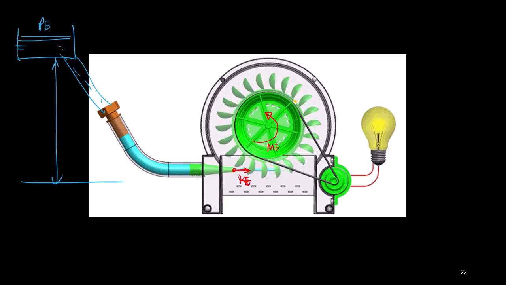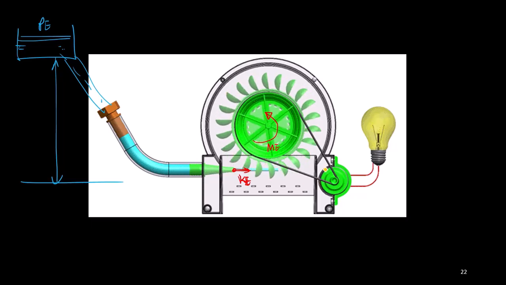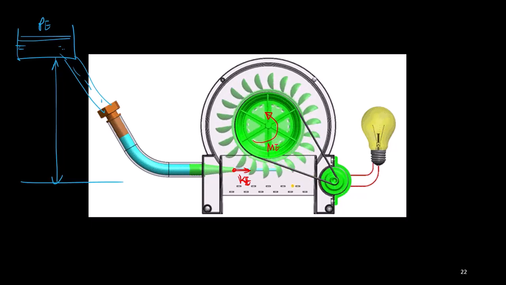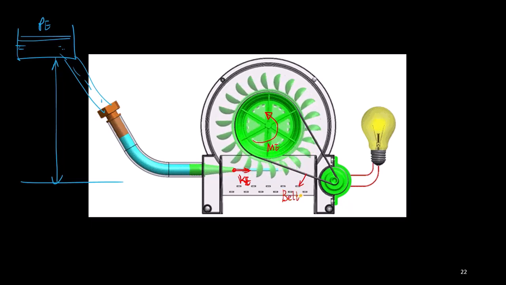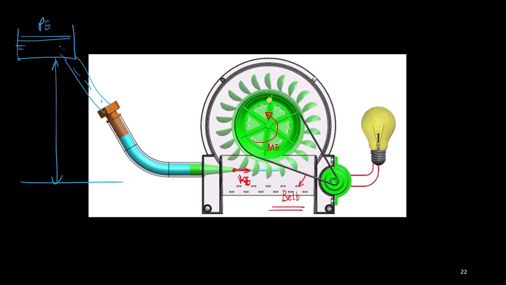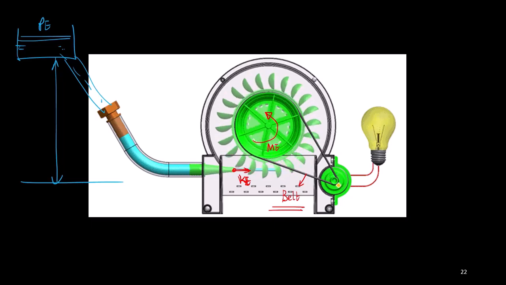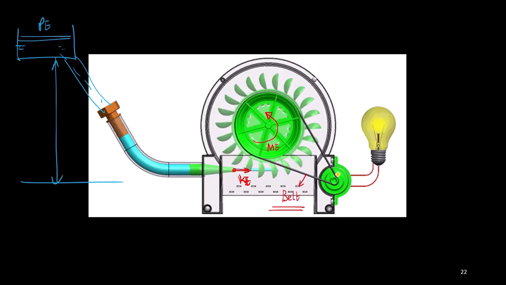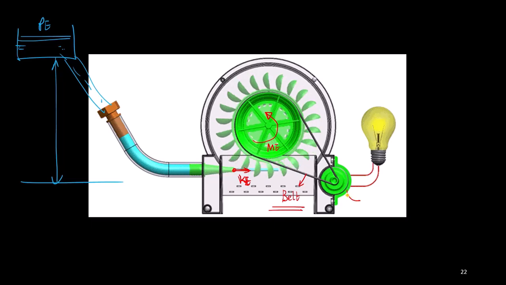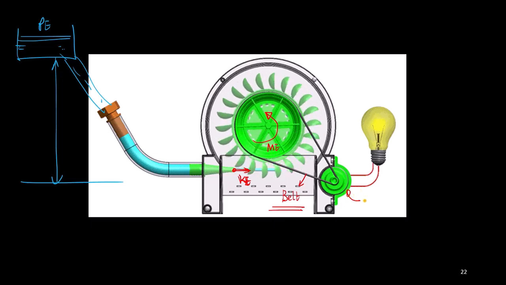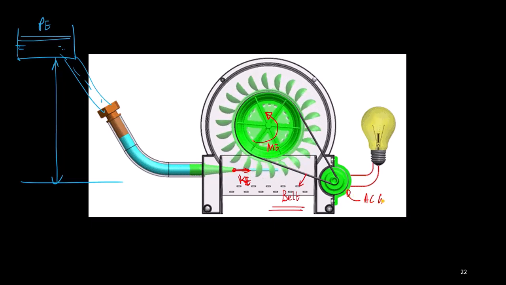Now this mechanical energy of the drum is connected to another pulley system with a belt mechanism. I am transferring the mechanical energy of this rotating drum to another wheel. With that wheel, I am connecting a particular green colored instrument. That instrument is basically the AC generator.